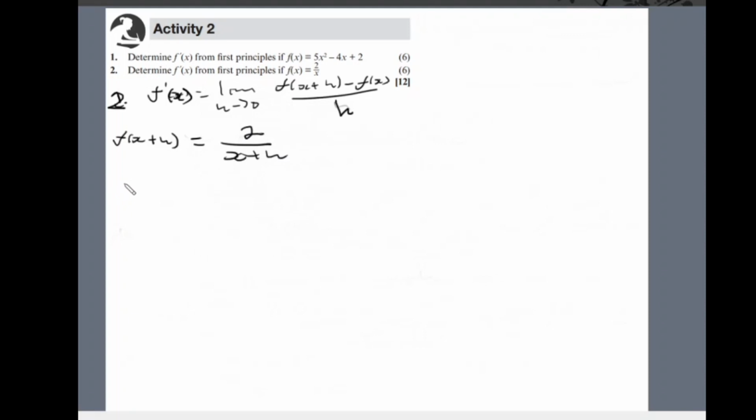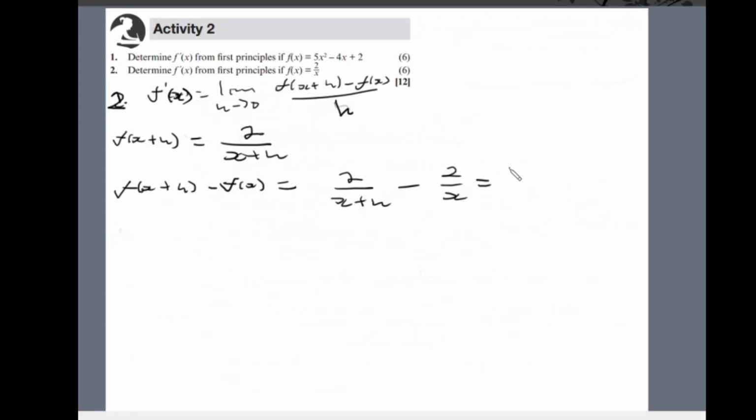And then the next part is to calculate my numerator, which is f of (x plus h) minus f of x, which will be 2 over (x plus h) minus 2 over x, right? And then now we need to find a common denominator. To do that, we'll multiply this by x over x and this by (x plus h) over (x plus h).